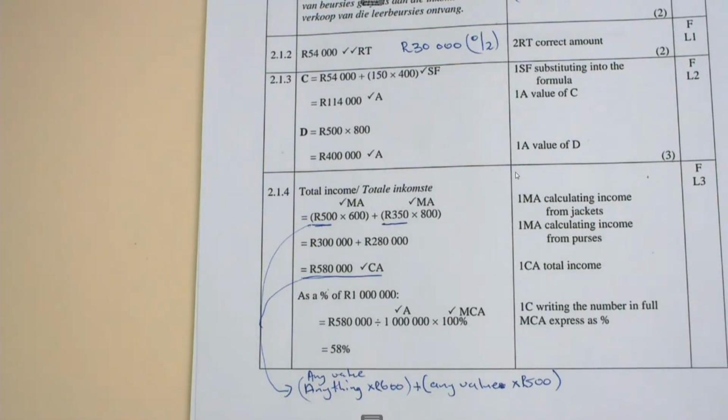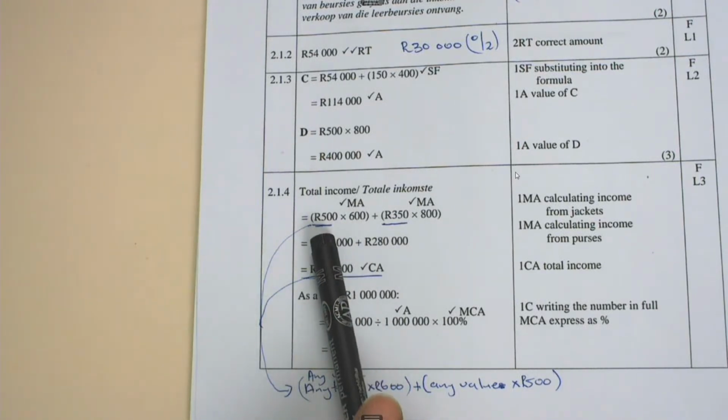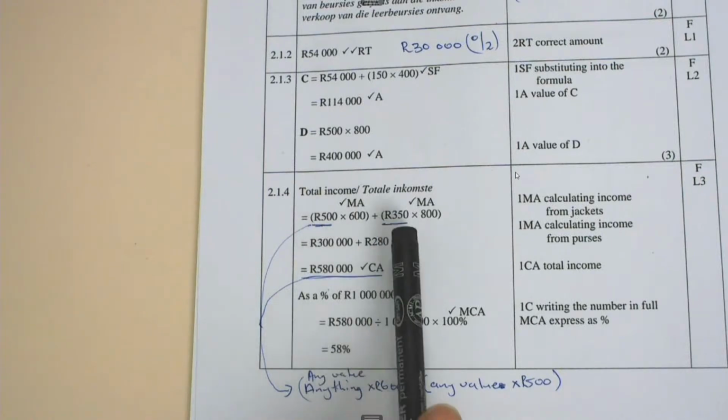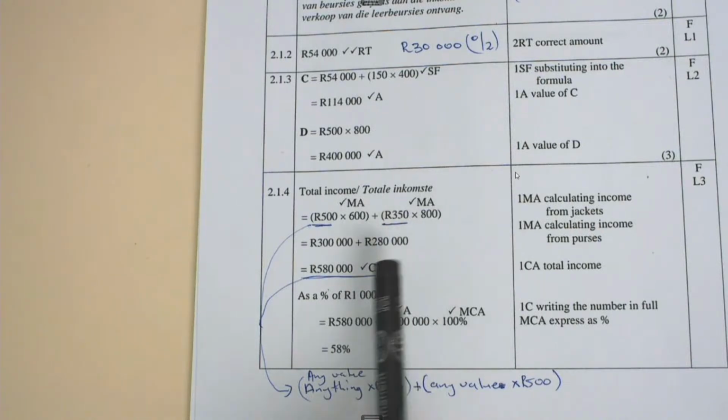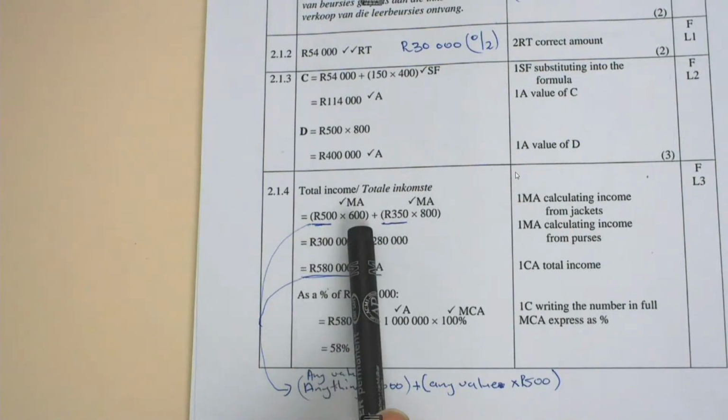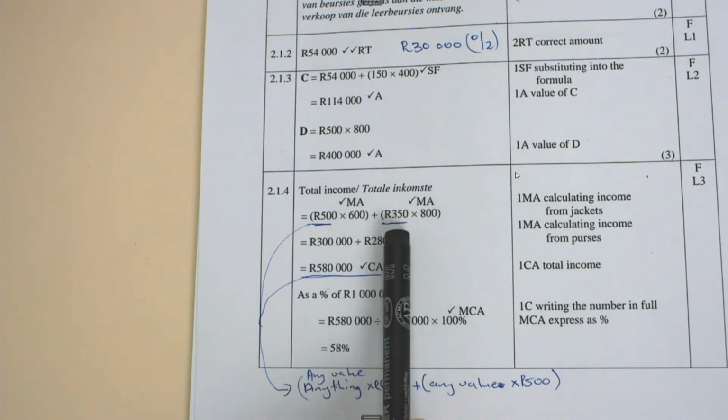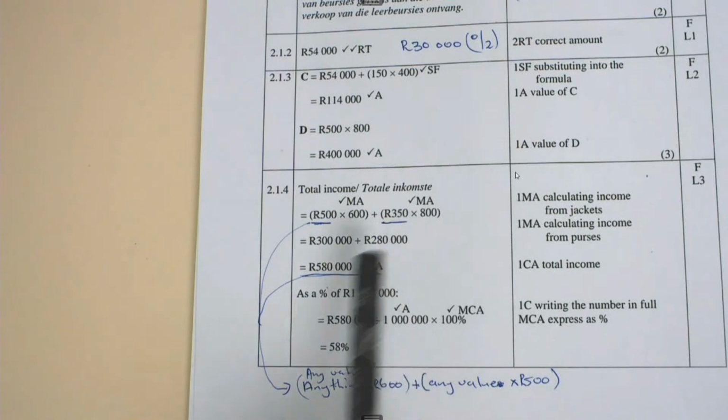Now, first of all, you need to get the amount. Remember, 500 is the selling price for the jackets, and 350 is the selling price for the purses. So 500 multiplied by 600 plus 350 multiplied by 800.